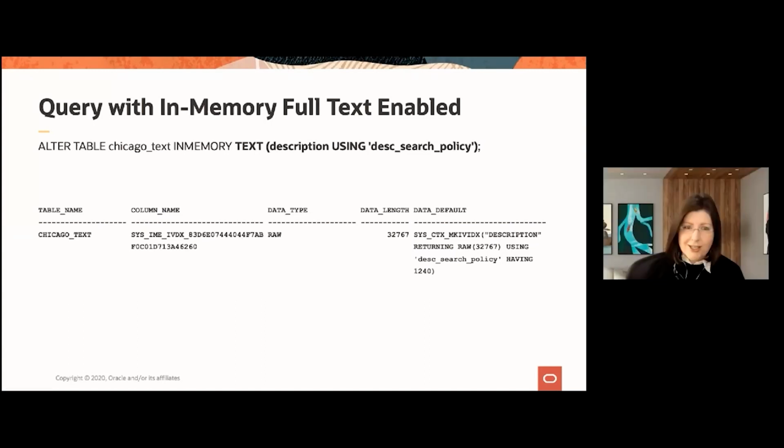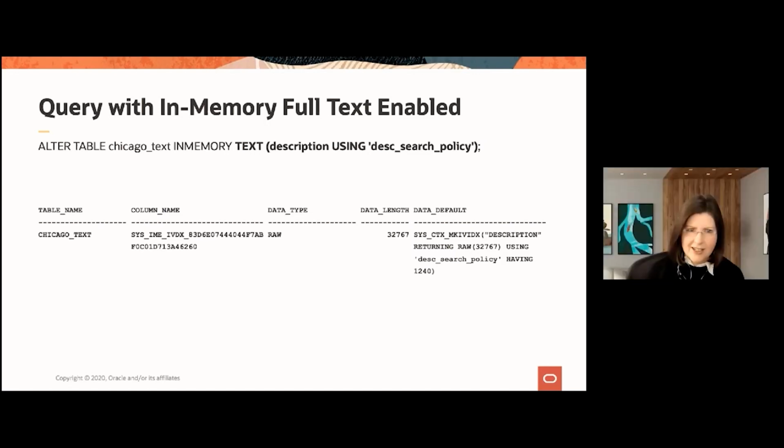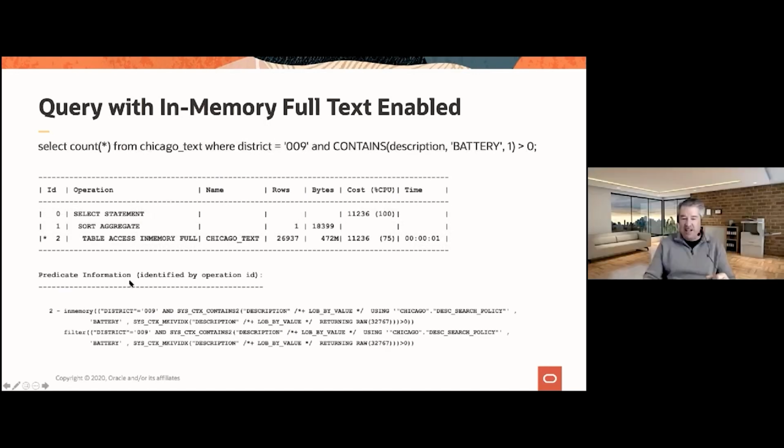So it does. That's very awesome. So we're effectively getting a text index without having to spend the time building it and maintaining it on disk. Right. And then you'll see the use of that. Now you get in-memory speed and essentially an in-memory expression, rather than having to search that context index on disk or in the row store.